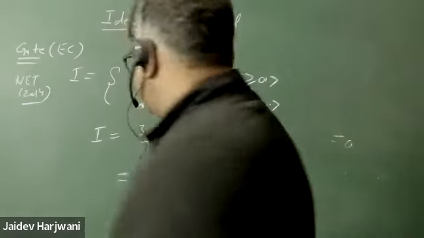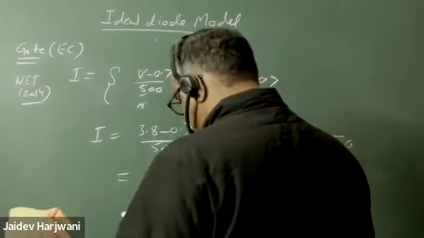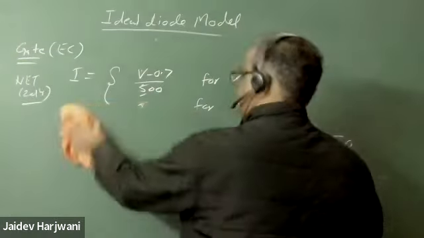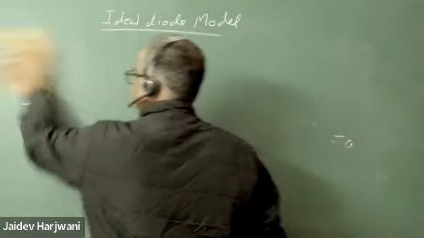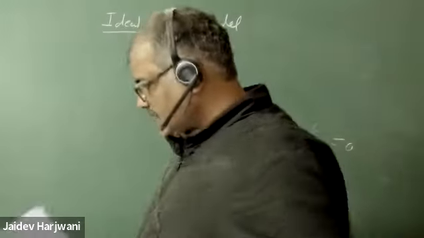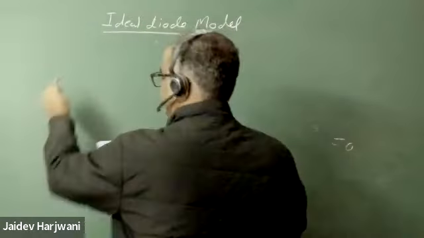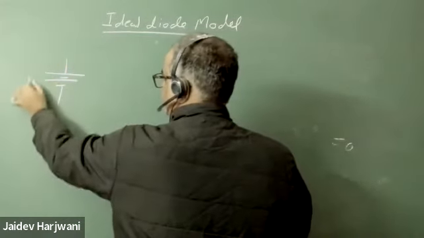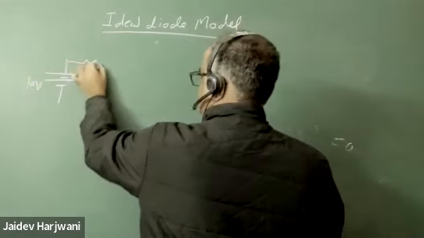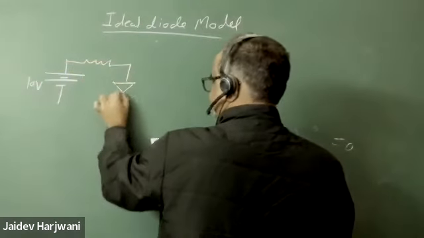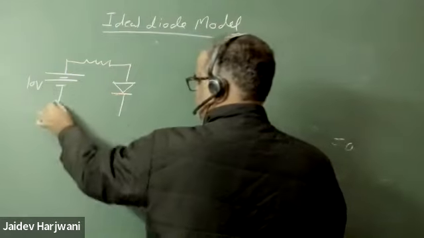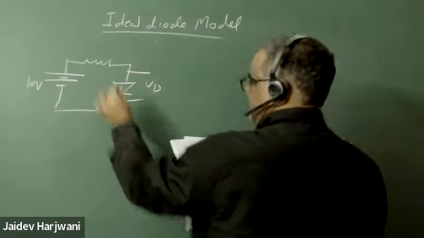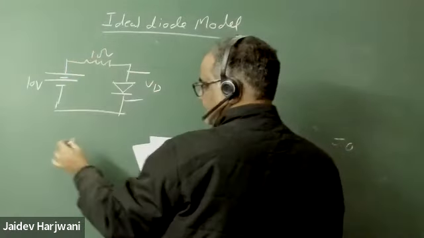One more same type of question came in the exam. We have 10 volt, and they say this is your VD and this is 1 ohm.